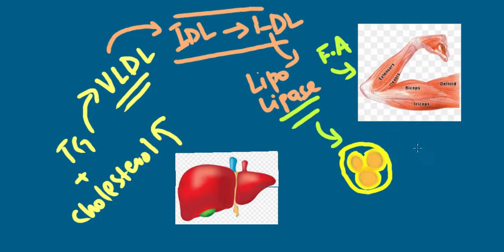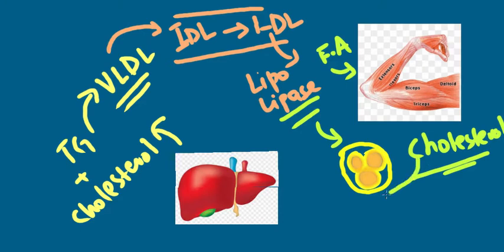ठीक हो गया. Now extra cholesterol, what happens is कि यहाँ का जो cholesterol है, now what they do is they again go from your peripheral tissue into the liver, and this is known as your HDL.